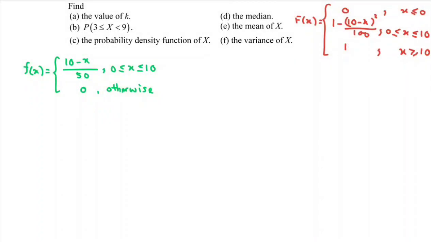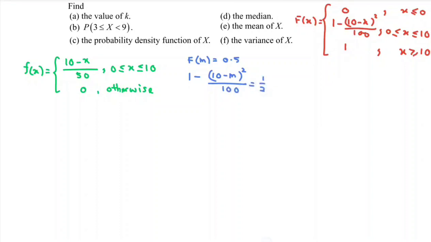Next, kindly refer to (d), for the median. Make use of the CDF. As we all know, F(m) equals 0.5. Since we have the function 0, the second function and then 1, it is very obvious that m is located between 0 and 10. Then we substitute into the function: 1 minus (10 minus m) squared over 100 equals 1 over 2.